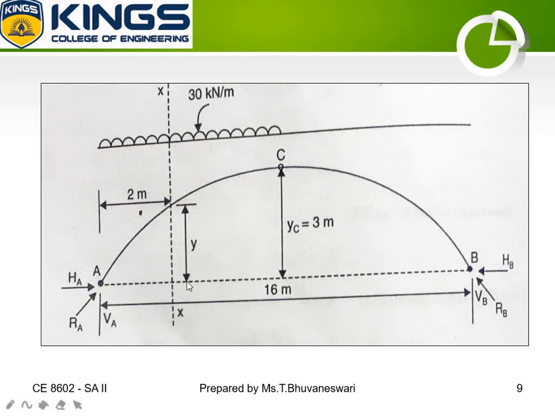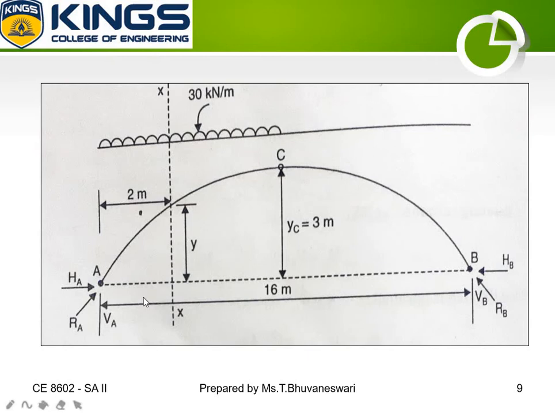Therefore, VA into 8, and then HA into this 3, and then we have to consider the uniformly distributed load. First we make it a point load, so 30 into 8, and we multiply it by the distance, so 30 into 8 divided by 2. I am repeating, we take the moment about the crown point C, considering all the forces on the left hand side, from the left to the crown.